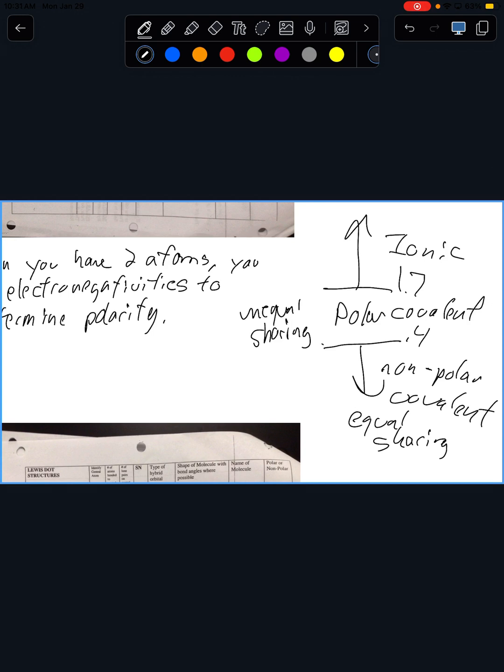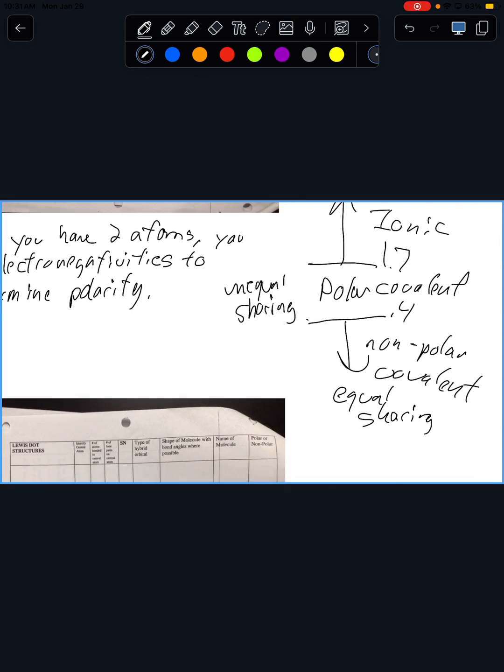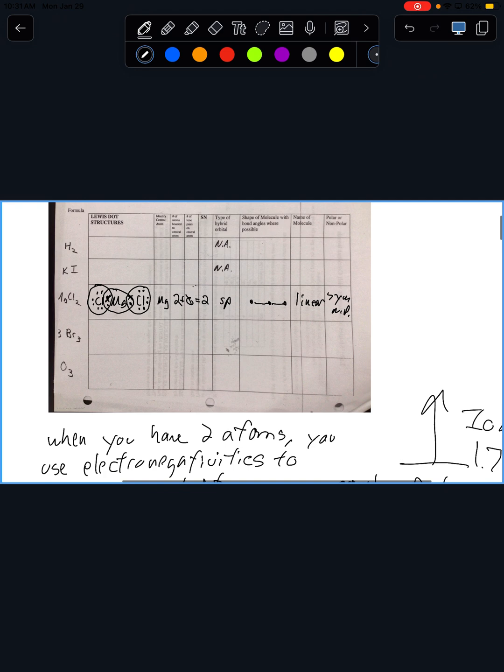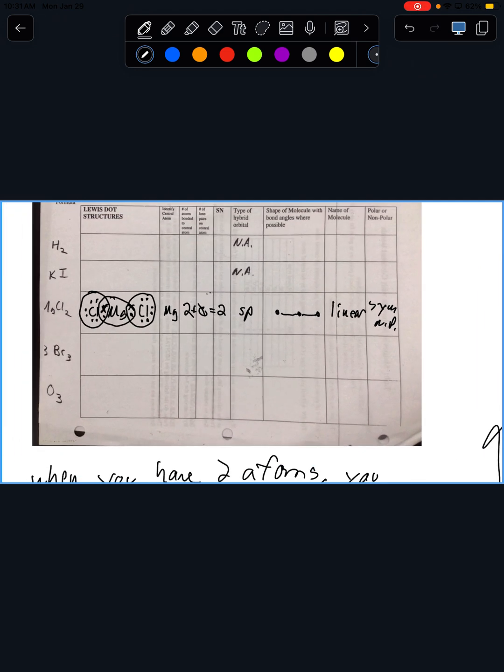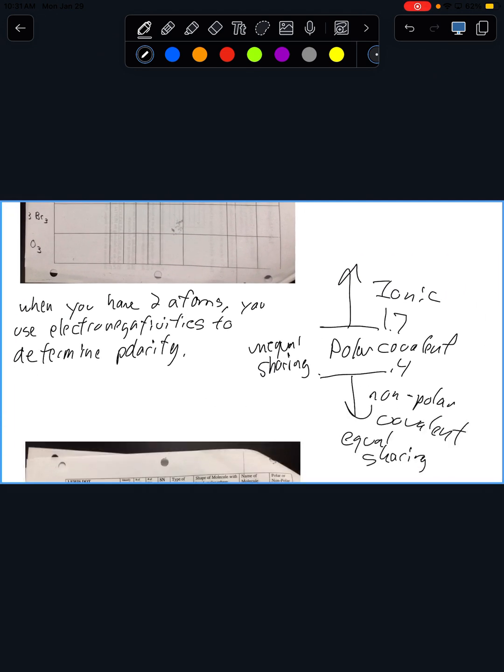One person pays for the limo and the tickets, one person pays for the dinner, but it's not equal. But there's some sharing going on. Whereas non-polar covalent is you add up the total cost and you divide by 2. Complete sharing, equal, okay? So if you have 2 atoms, like hydrogen, you got that down?